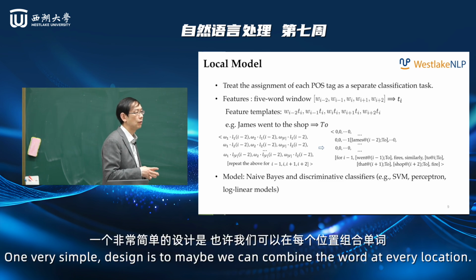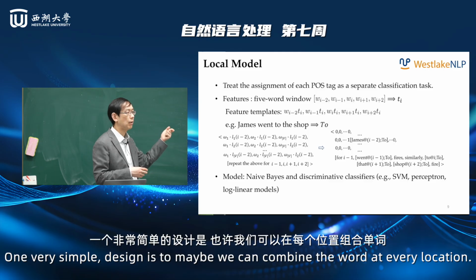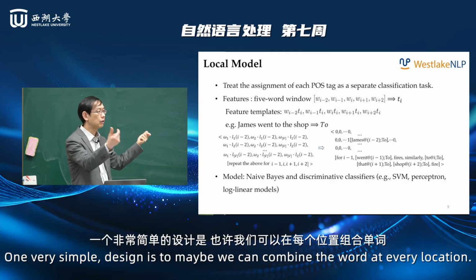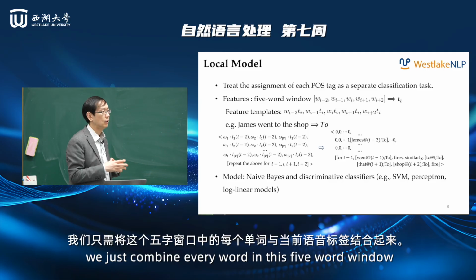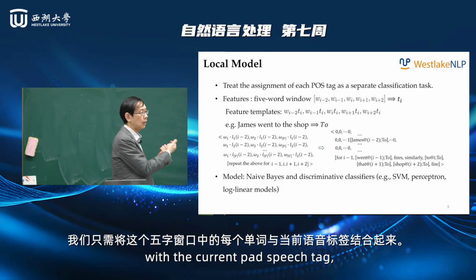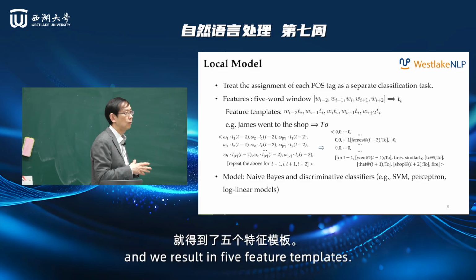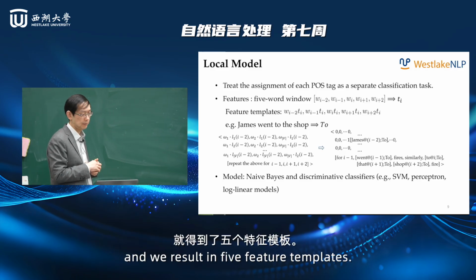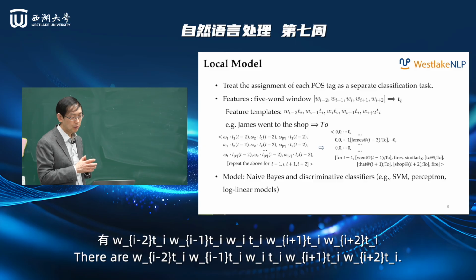One very simple design is to combine the word at every location. There are 5 words, right? We just combine every word in this 5-word window with the current part of speech tag, and we result in 5 feature templates. They are W_{i-2} T_i, W_{i-1} T_i, until W_{i+2} T_i.